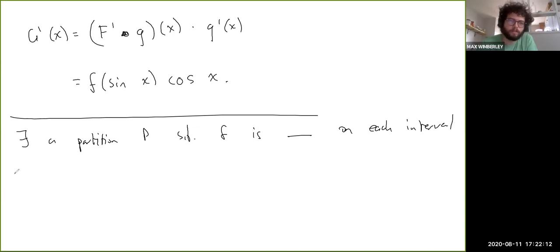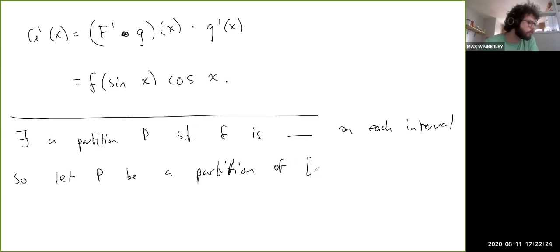So if you let P be a partition of, what's the interval, 0, 1? Or negative 1, 1. Yeah, sorry. So negative 1, 1.